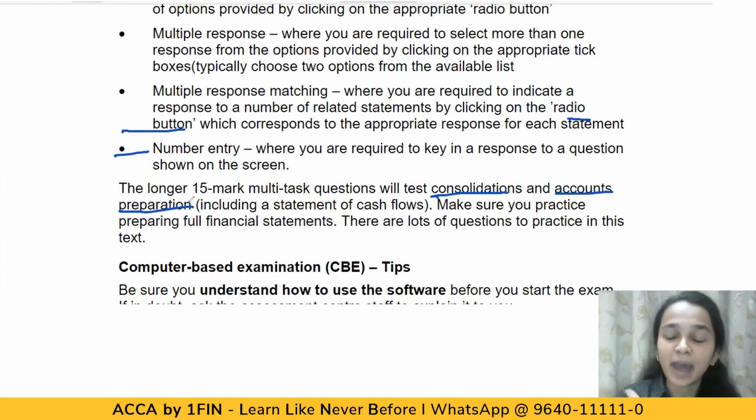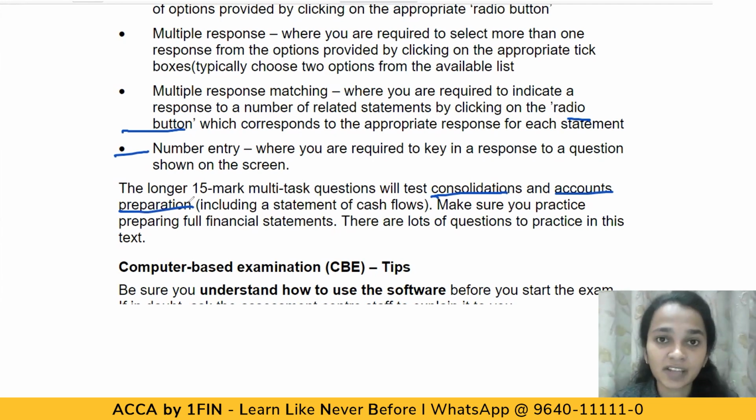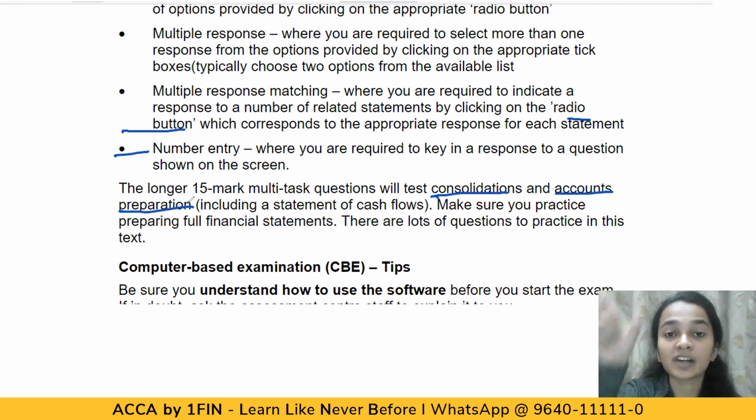The pattern of multitask questions would be a little different, wherein you'll have to figure out and fill in some details. They'll give you basic details, and on the basis of that, they'll give you one long question, and on the basis of that, they may give you 2 or 3 sub questions, or they may ask you to prepare financial statements but ask you for certain figures to be filled. We'll look at the different types of questions which are asked as well.